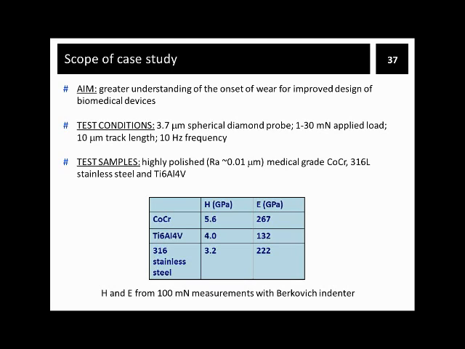Loads applied in that case were in the range from 1 to 30 millinewtons, 10 microns track length and 10 Hz frequency. The test samples used were highly polished medical grade cobalt chrome alloy, 316L stainless steel and titanium alloy.